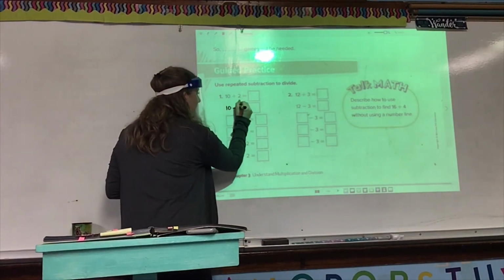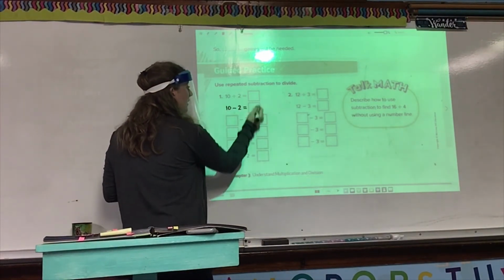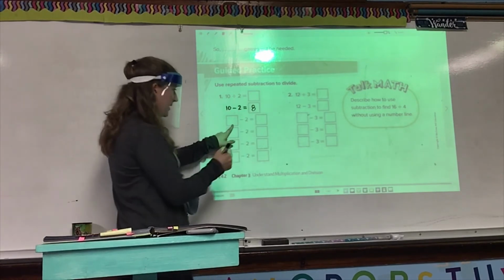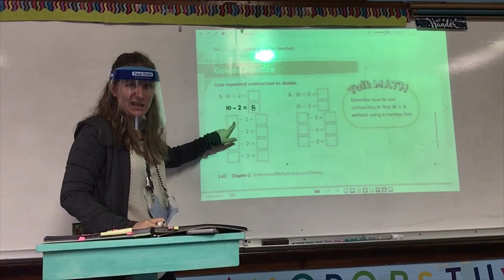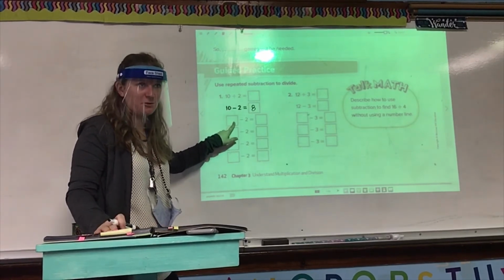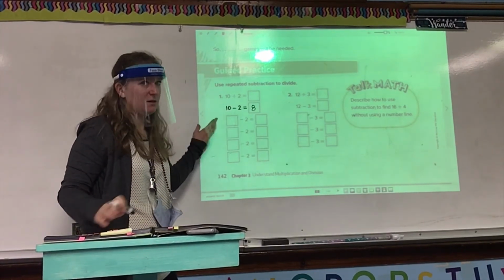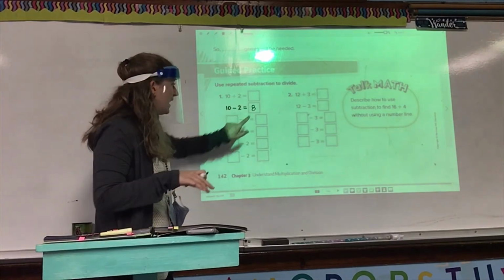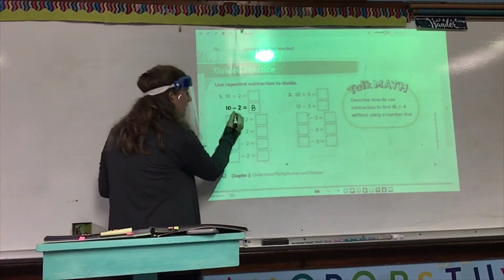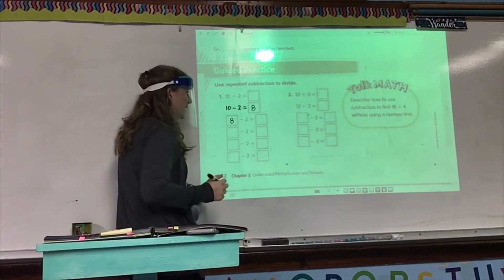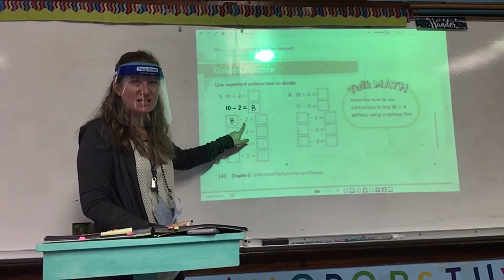So 10 minus 2, Aaron? 8. Now what's my new minuend in my subtraction problem? Do I start with 10 again? No, otherwise I'd be getting 10 minus 2 equals 8 over and over and over again forever. So the difference from my first subtraction problem becomes the minuend of my second. Do I change what I'm subtracting?